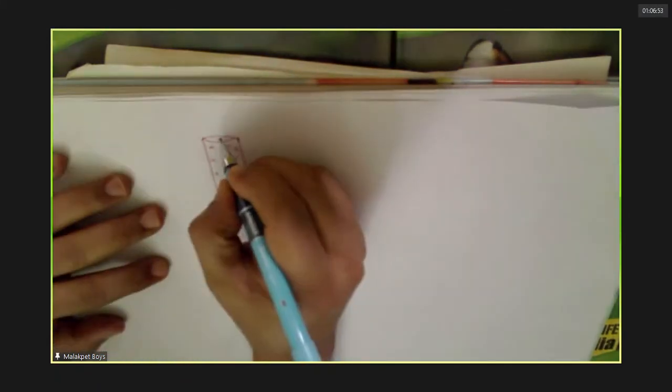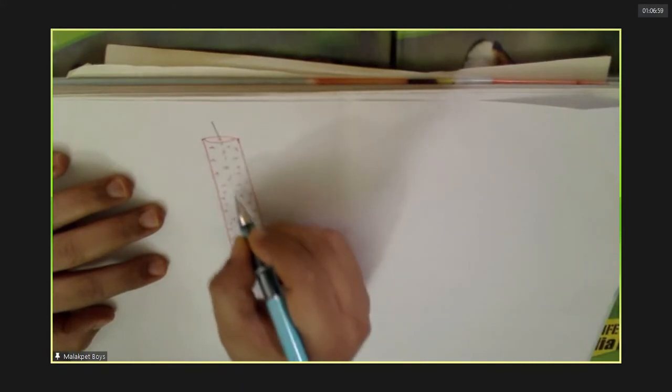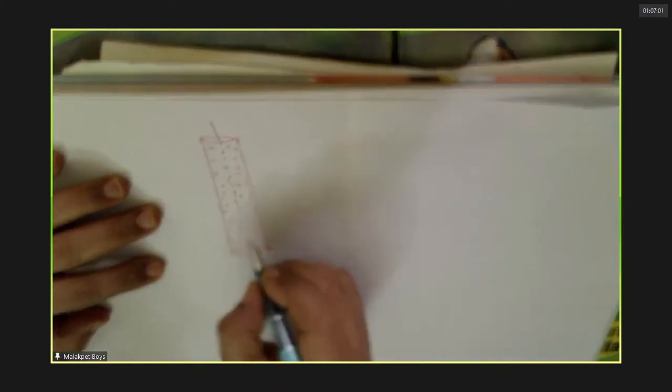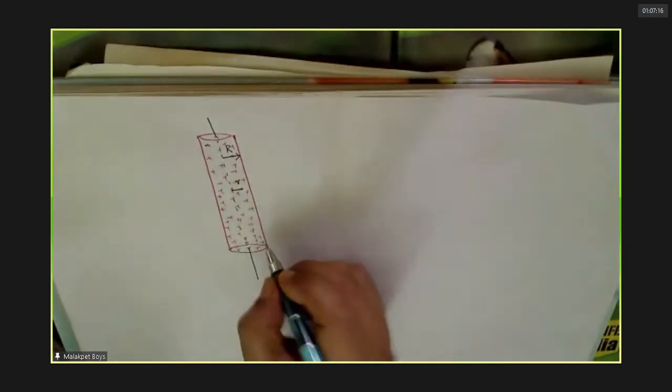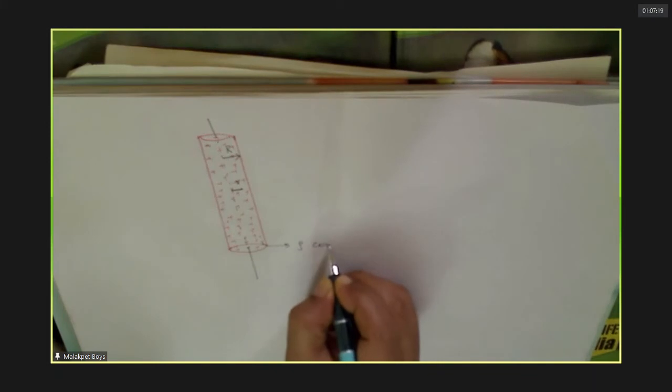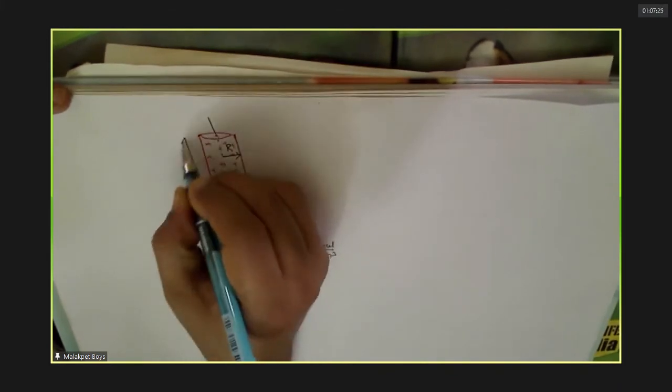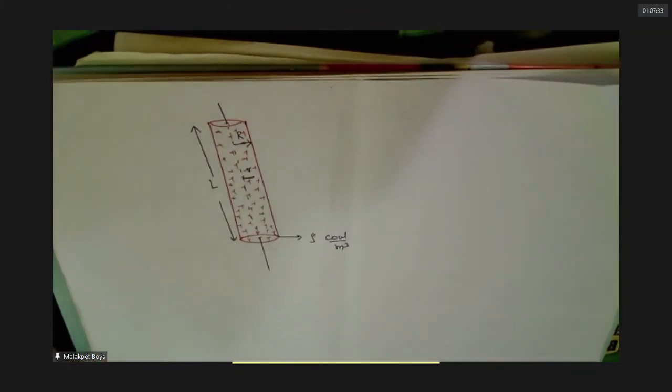Now this is the axis. This is R. I want to find the electric field of the cylinder at some point inside. So this charge distribution is rho. The length is L. Followed this? Yes, sir.